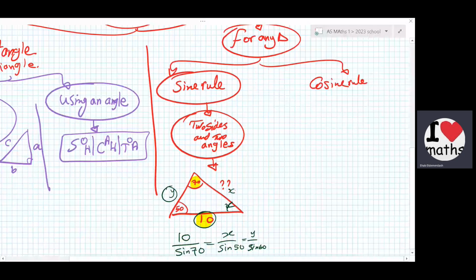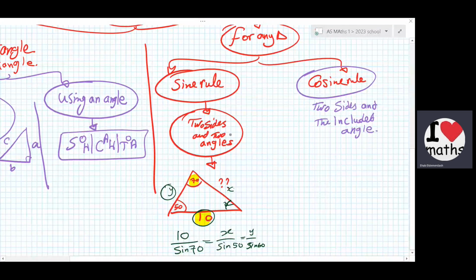Included angle means the angle between them. Note that with the sine rule it was two sides and one non-included angle. That angle will be excluded, it will not be included. Most likely for the sine rule the angle will be excluded. If you get two sides, the angle will not be in between. It will be opposite to one of them. So it will be two sides and an excluded angle.